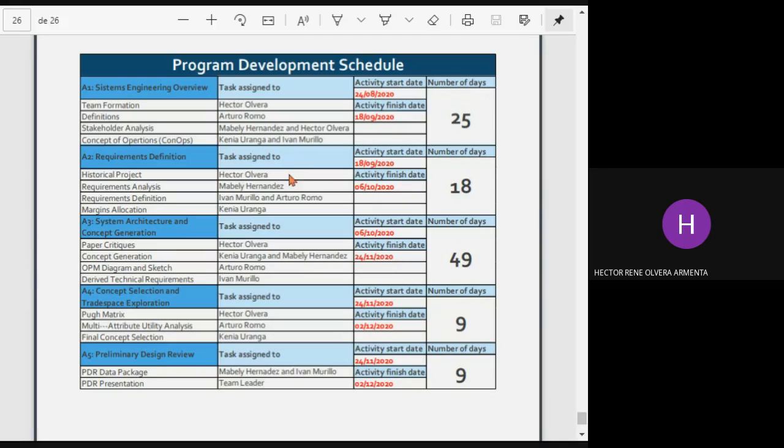These different assignments or tasks were assigned to all of the members here, as we can see.